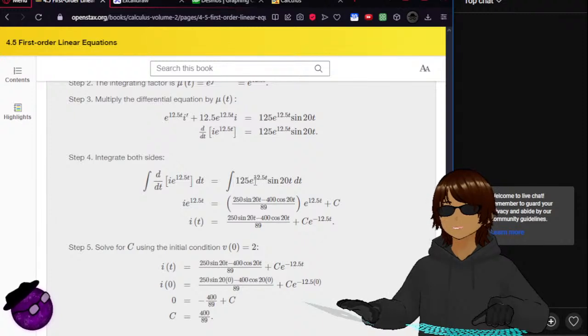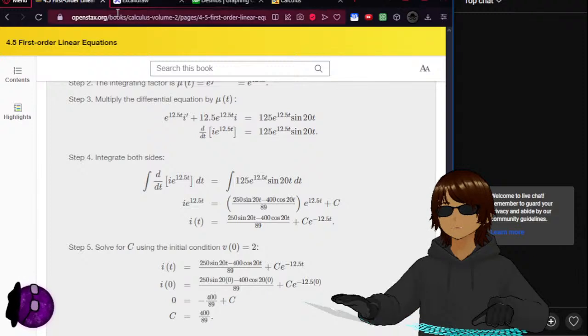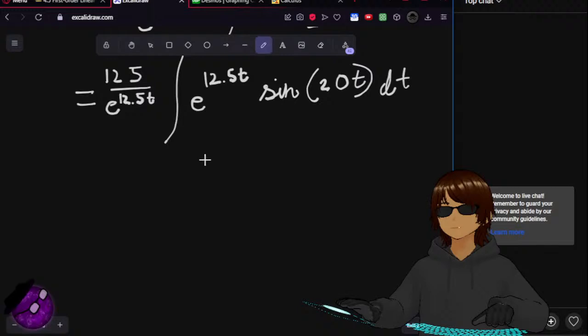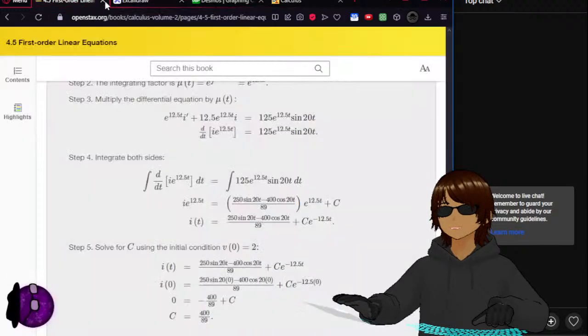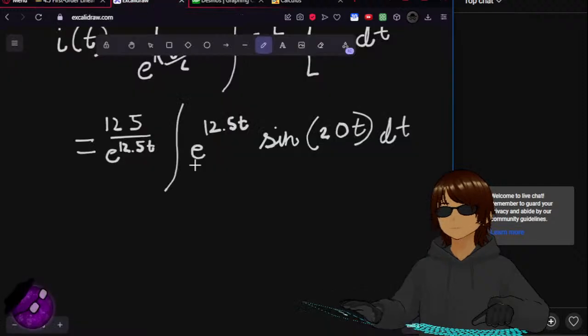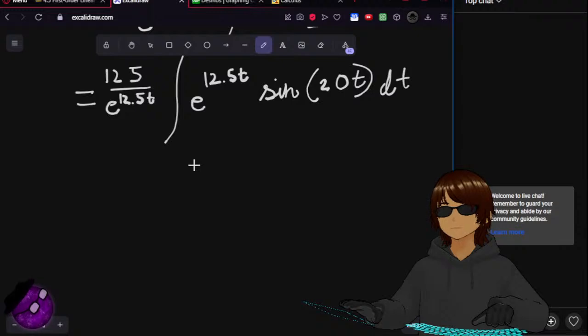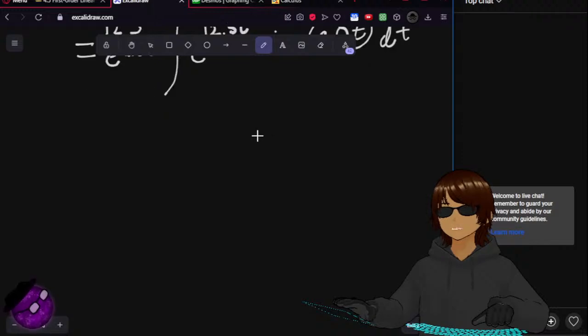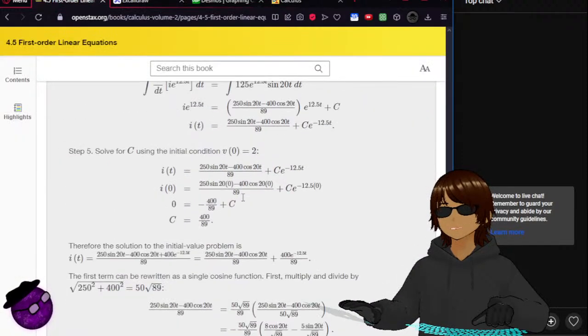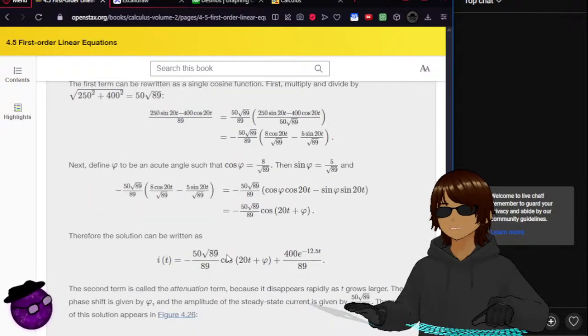How do you integrate? Do you use integration by parts? U dV. Yeah, I mean, I already saw the answer, but I'm guessing you use integration by parts.